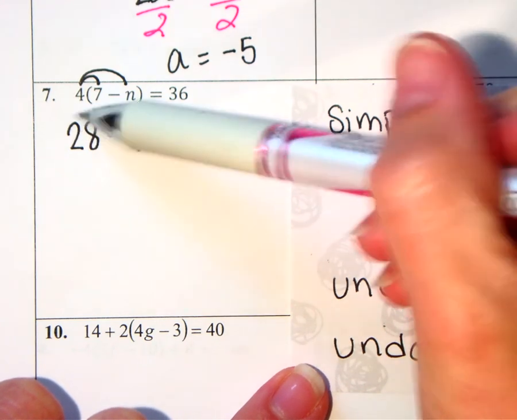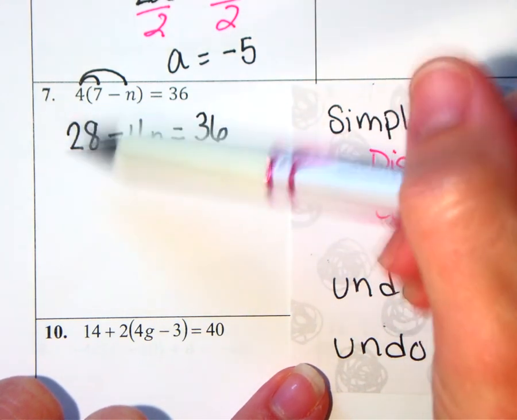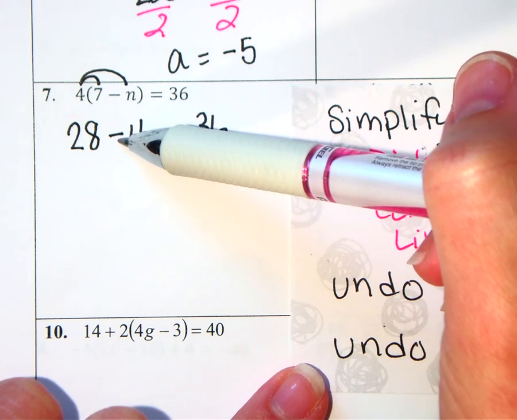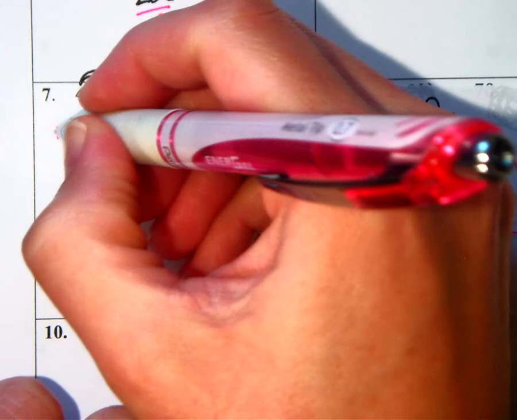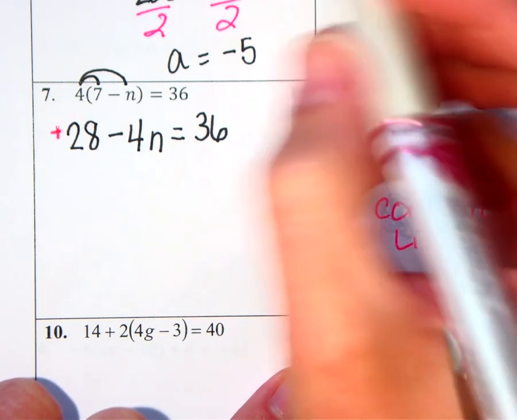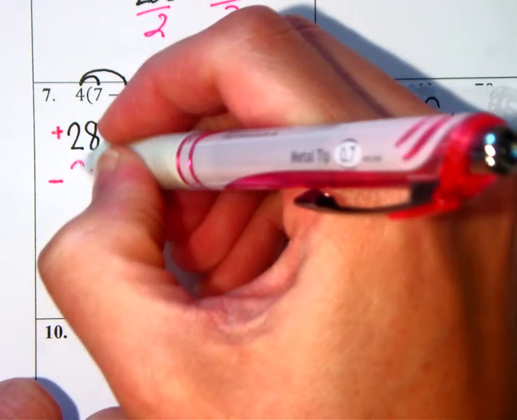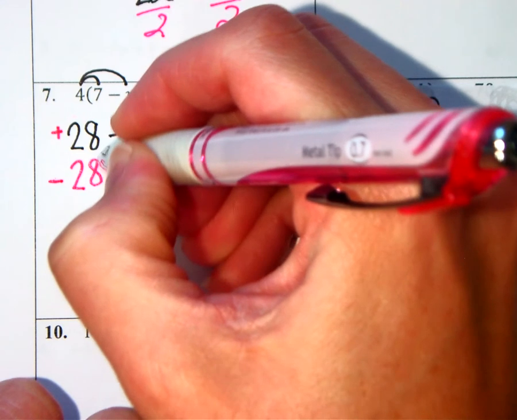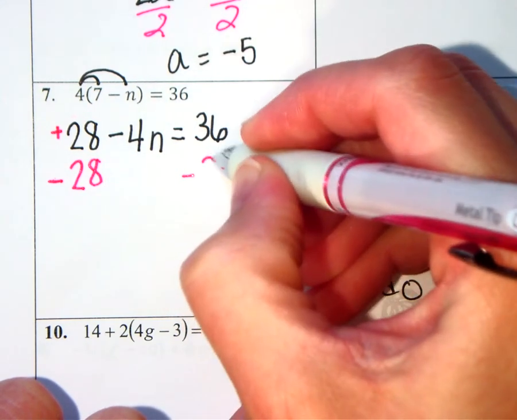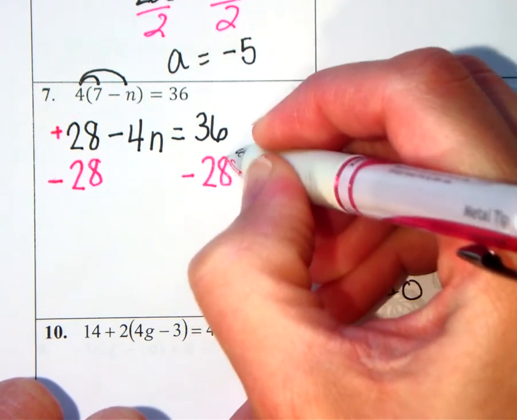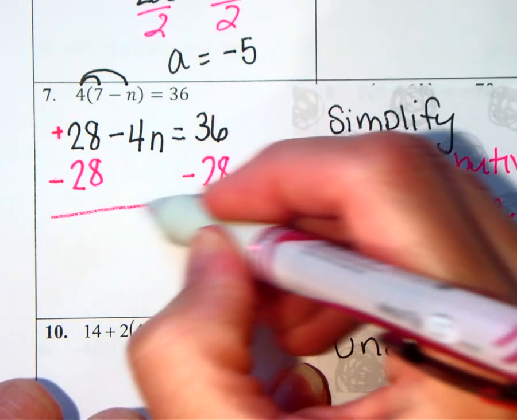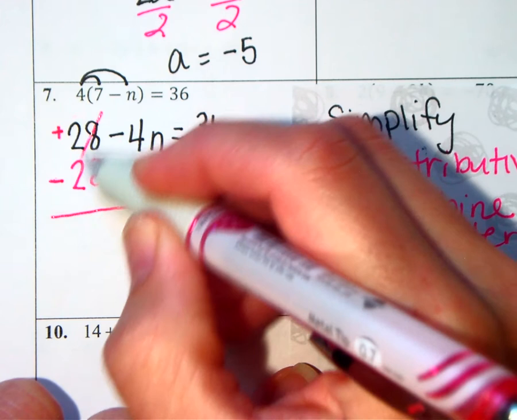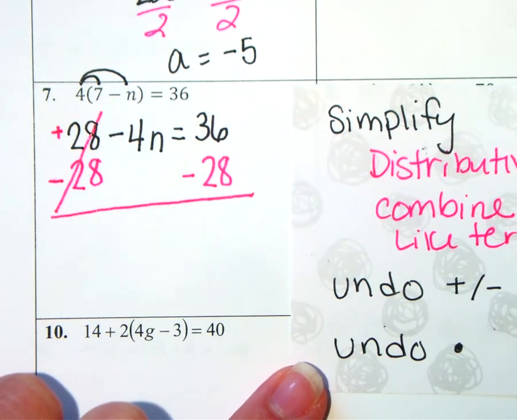Okay, now I do need to get rid of this 28 though, so I need to undo addition and subtraction. So because this says minus, does that mean I add 28? No. This is a positive 28, so to get rid of it, I actually need to subtract 28. So now those 28s are gone. And here's where, again, if you're rushing, you might easily drop or forget to write down.